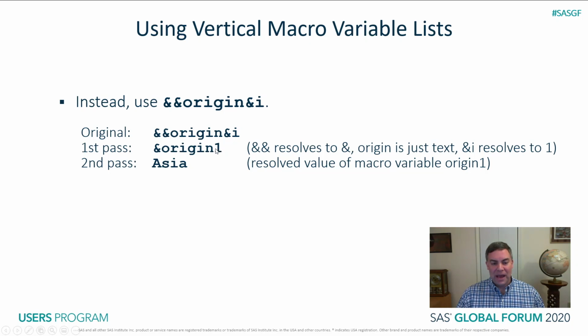So on the second pass, &origin1, that's a macro variable reference to a macro variable called origin1, and that resolves to Asia. So it takes 2 passes, but &&origin&i resolves to Asia when i is 1. When i is 2, the second time through our loop, then &&origin&i resolves to &origin2, which resolves to Europe.